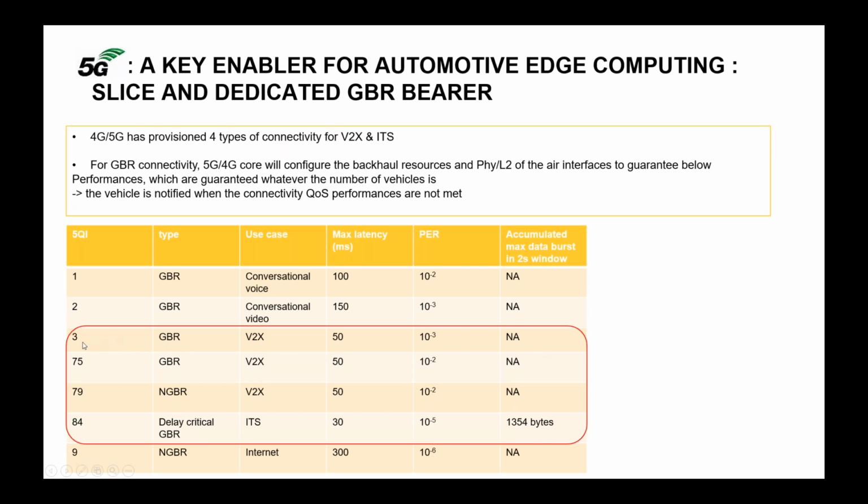If you are able to establish a connection with the QCI 3, the latency will be bounded to 50 milliseconds and the packet error rate less than 1%, 0.1%, sorry. And if you establish a bearer of QCI 75, the latency will be less than 50 milliseconds and the PER less than 1%.